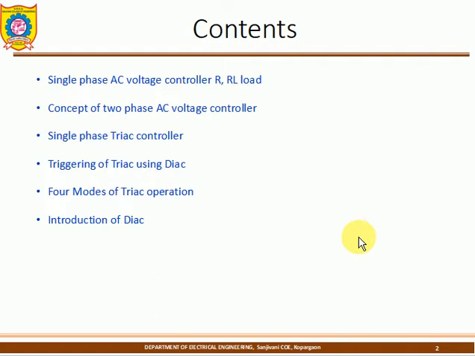Where do you use the TRIAC? In the electronic fan regulator. What is a regulator? It varies the speed. In olden days the fan regulator was an electric regulator.